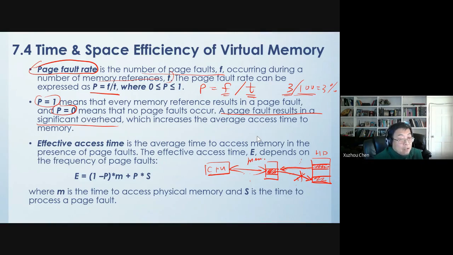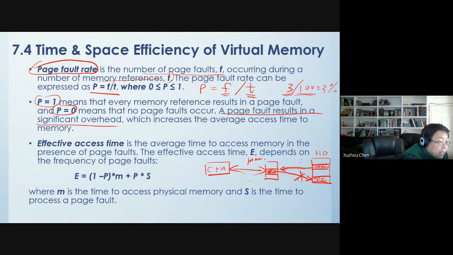So you can say, oh, it's fast, the mechanical movement is fast because the disk can rotate at 7,200 rotations per minute for a typical hard disk. But that's still extremely slow compared with the electronic signal.